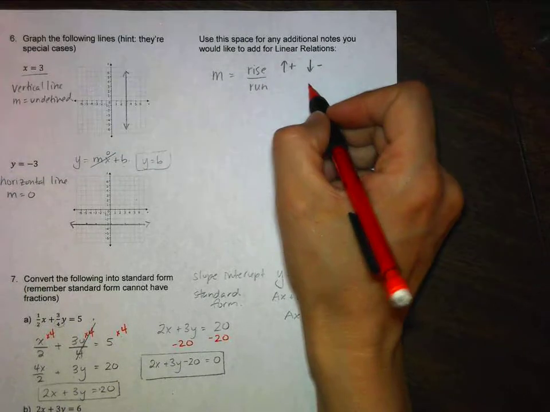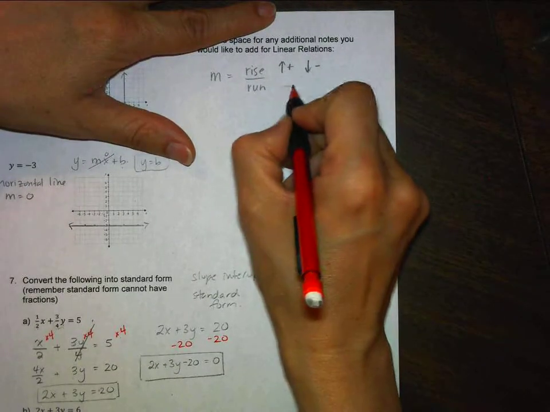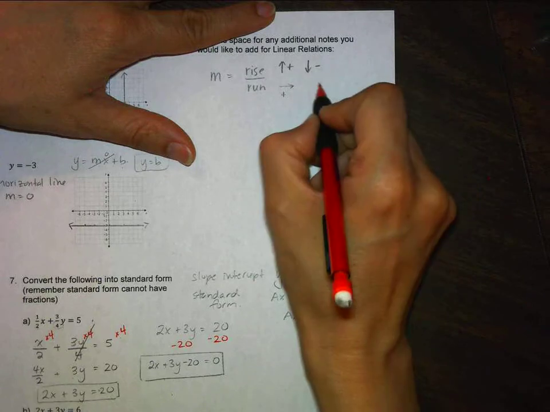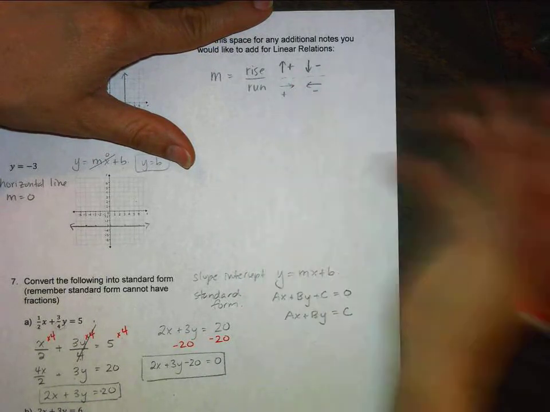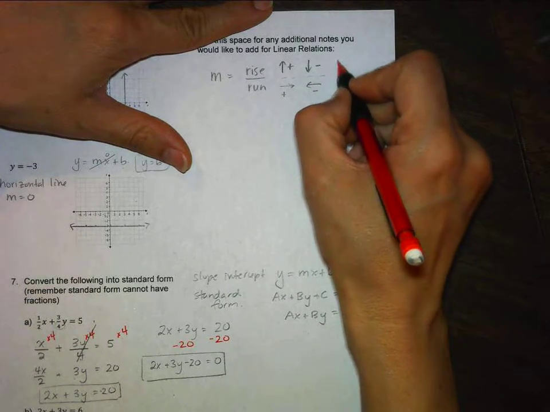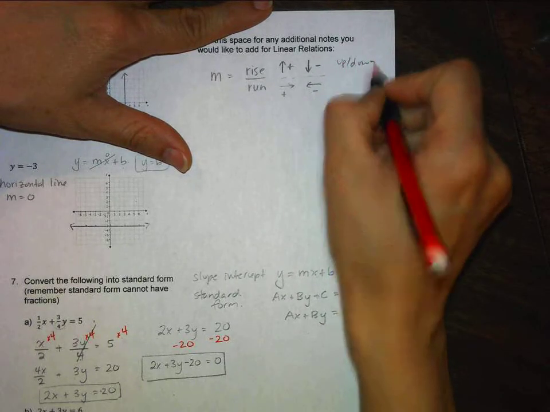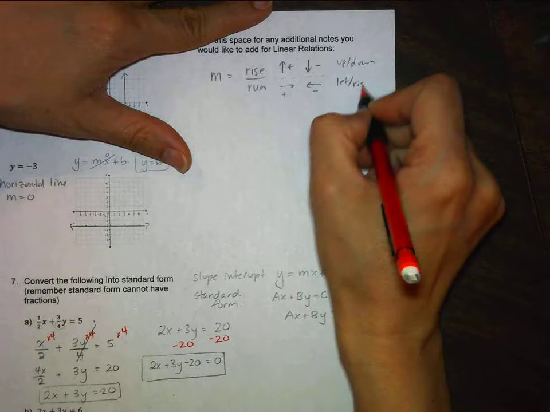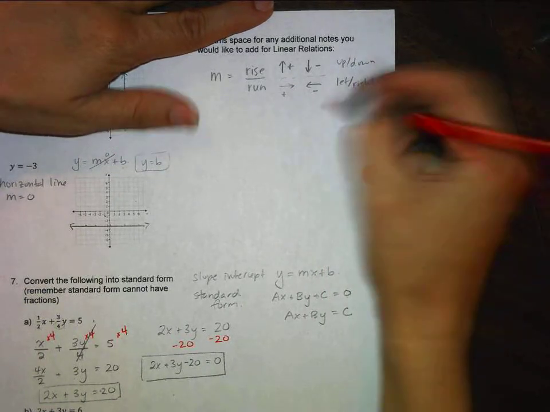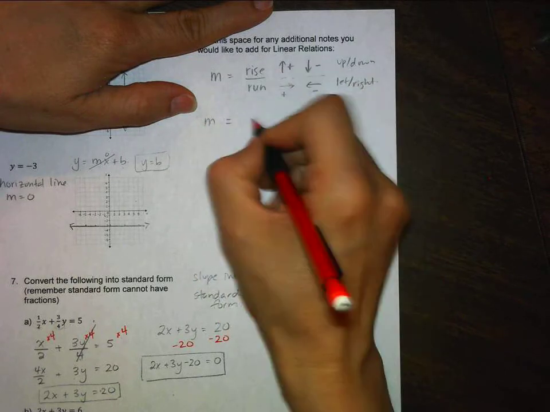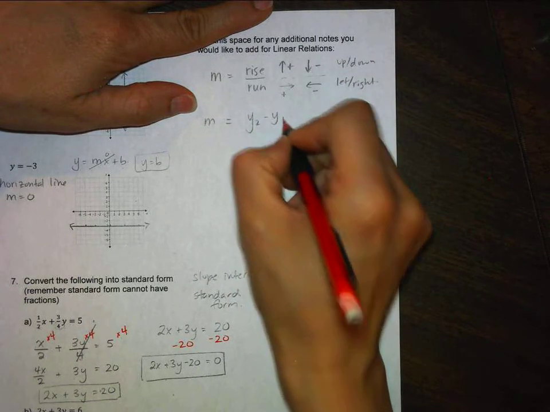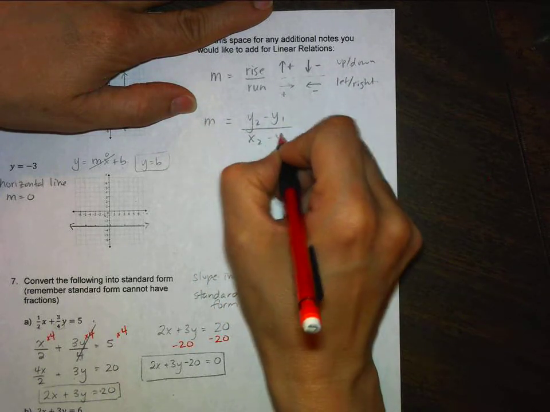Now, what I tell my students is always go to the right, because to the right is positive. If you do have to go to the left, then the left is negative. So that's just for rise and run. So up, down, left, right. That's for slope. We probably should also write down y2 minus y1 all over x2 minus x1.